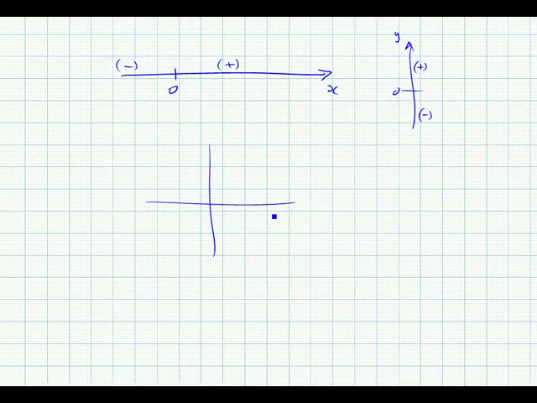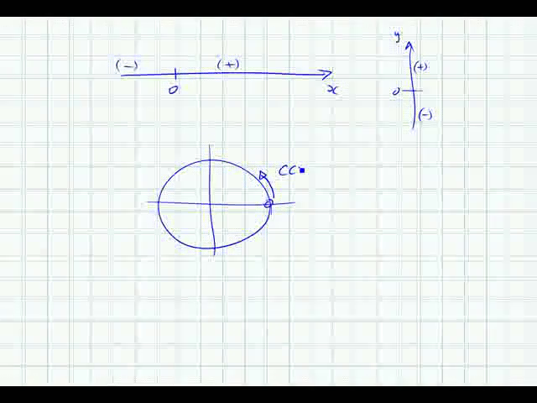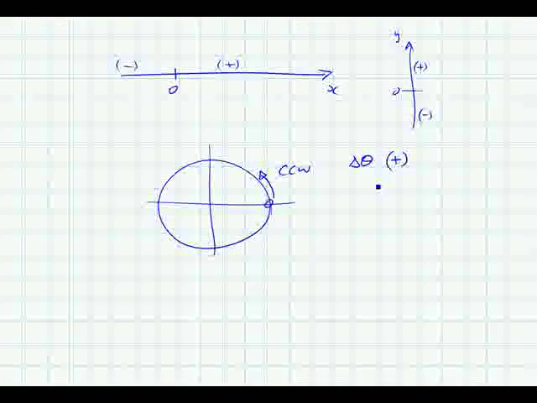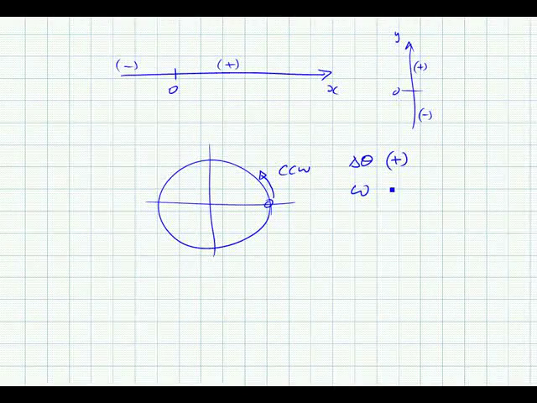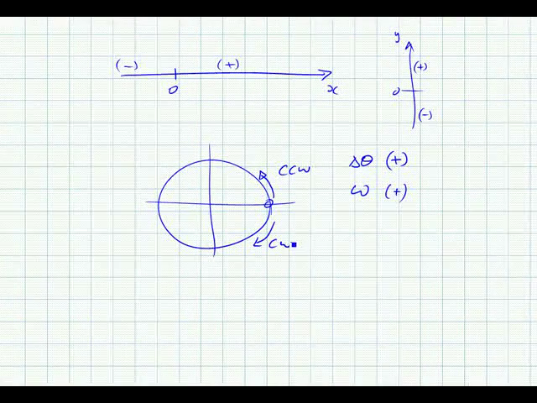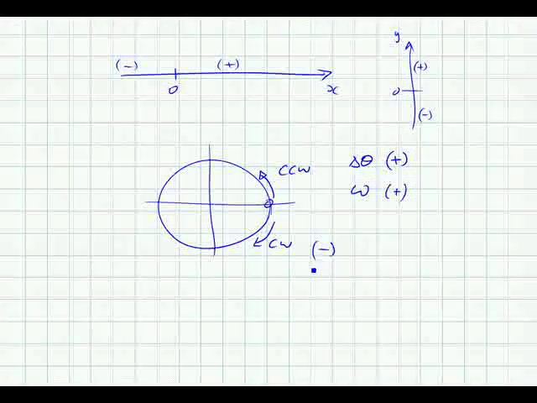The convention is that in circular motion, if an object is moving counterclockwise, then we say that the angular displacement is positive. Similarly, your angular velocity is positive. And if it's moving clockwise, then we have a negative for these quantities.